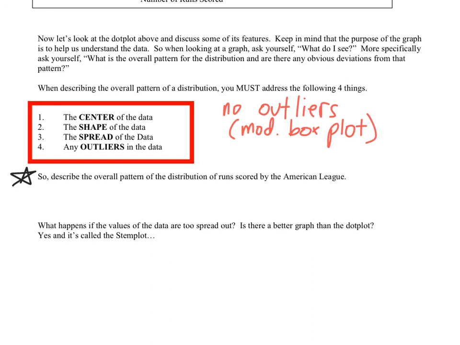I addressed each of those components individually, but I'd like you to write a brief summary statement about what you think that graph is telling us about the American League players' performance in the All-Star game. The good news is you don't need to know about baseball to answer it because it's just by the numbers. Then we'll talk about our responses tomorrow, and I'll ask a couple of you to read yours out.